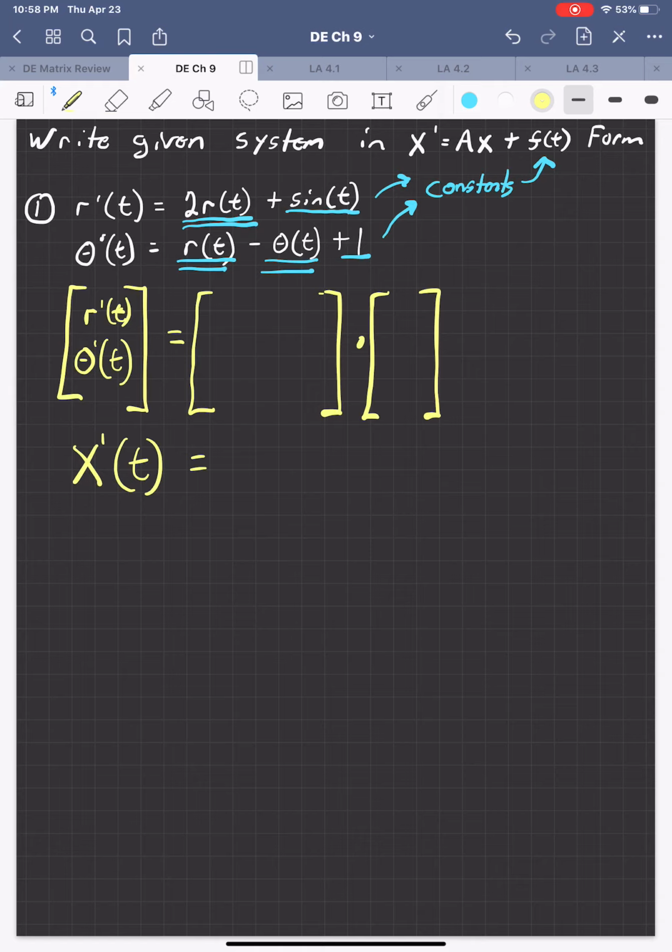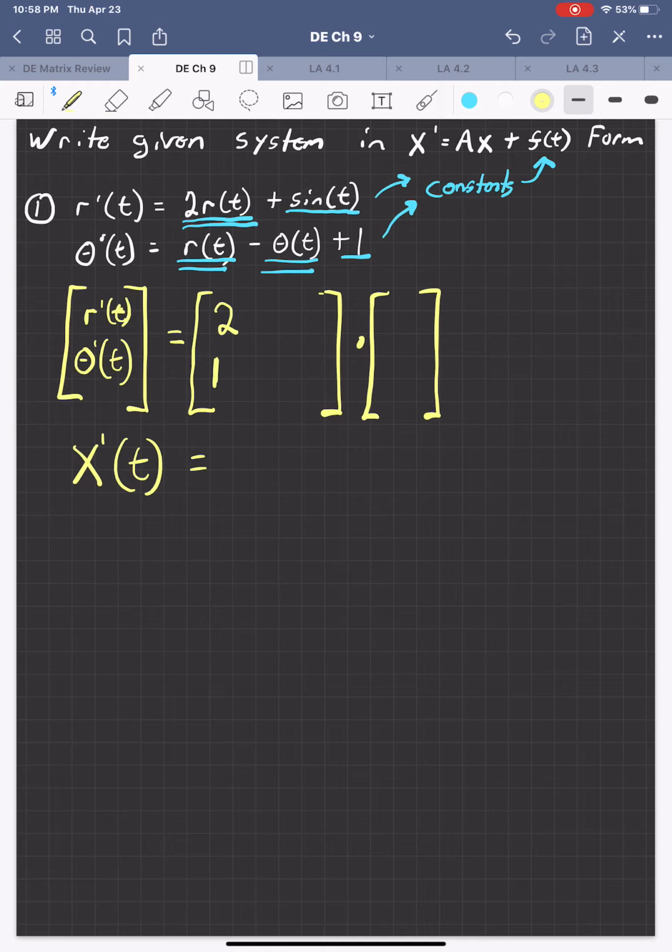Let's start with r of t's. The coefficient of r of t in the very first row, or equation 1, is just 2. Now in equation 2, the r of t has a coefficient of 1.